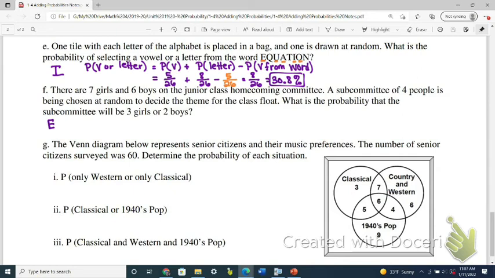So if I have the probability of 3 girls or 2 boys.